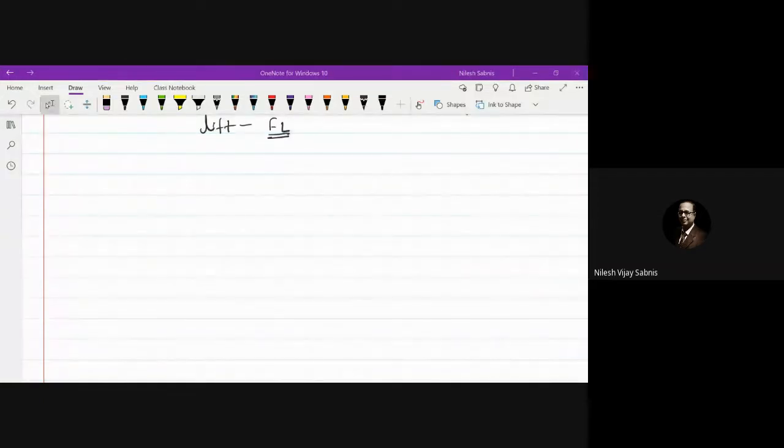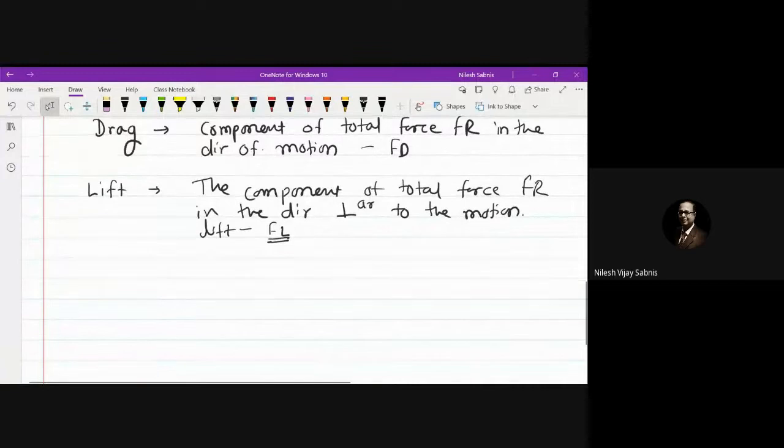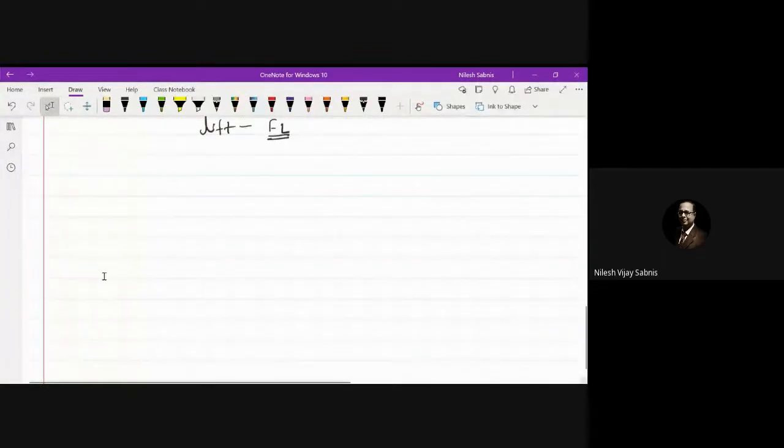I will have one poll. We will have one poll rather. Regarding what we have seen, there will not be any marks.